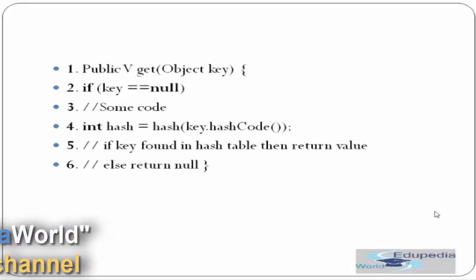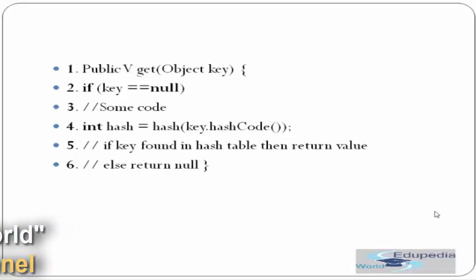Now you can see the implementation code for the get method. It's a public method, it returns V, and it takes an Object key. It checks if key equals null.